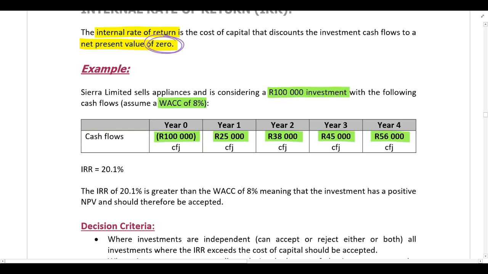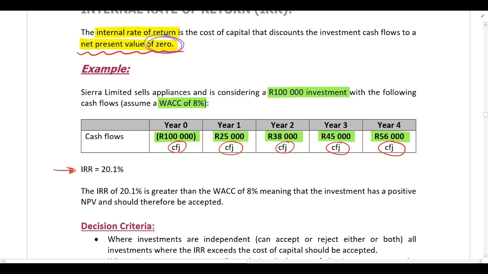So using the cash flow function on your calculator, you are going to input all of these cash flows. So remember to show your calculator steps. And then guys, you are just going to solve for the internal rate of return. Now please remember I said to you above, the internal rate of return is just the point where my net present value is 0.